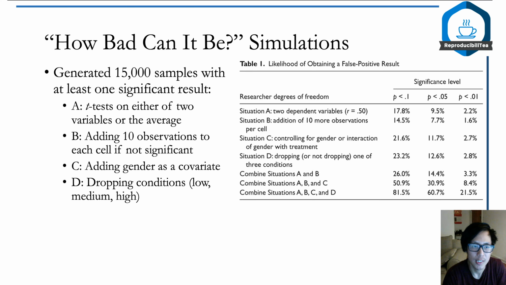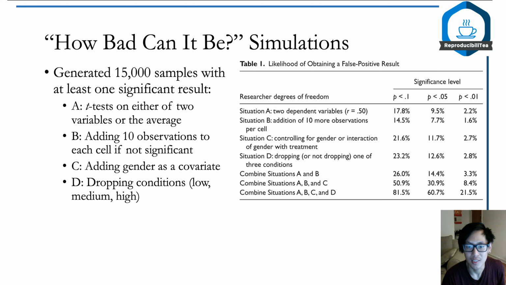What they did was generate 15,000 samples under certain scenarios, looking for at least one significant result. Situation A was t-tests on either of two variables or their average. They collected two dependent variables, so you could run your statistical tests on either variable, A or B, or a combination of the two, like an average.